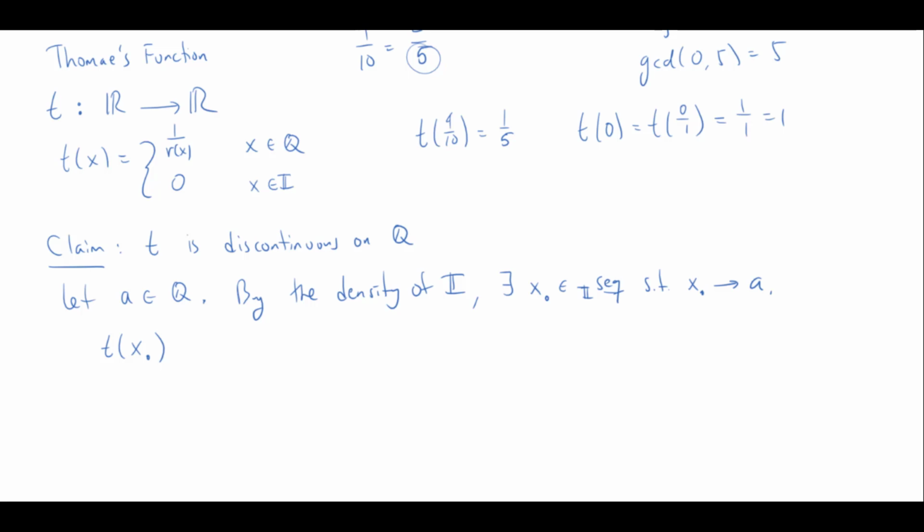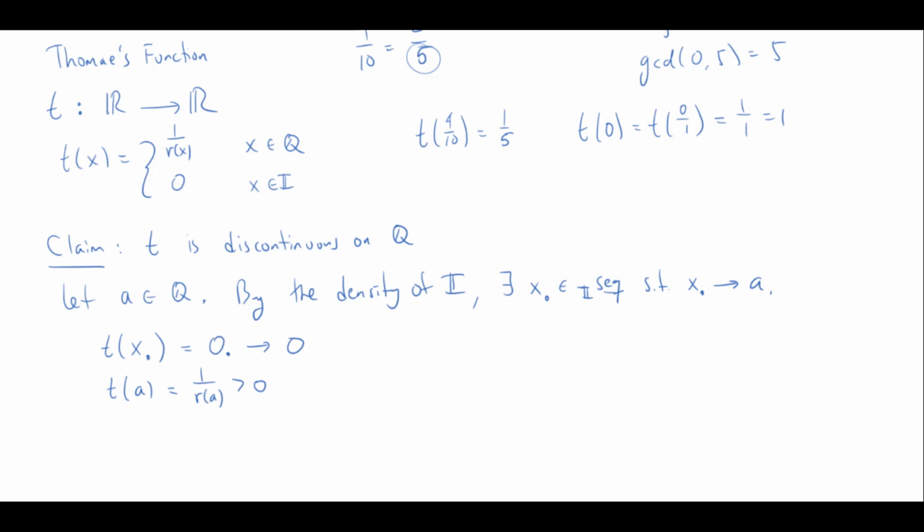Well, Thomae's function takes all irrational numbers and sends them to 0. So this is just the 0 sequence, which converges to 0. On the other hand, what is T of A? Well, T of A is a rational number, so this will be 1 over the reduced denominator of A. Well, the reduced denominator of A is some positive number. 1 over it is some positive number.